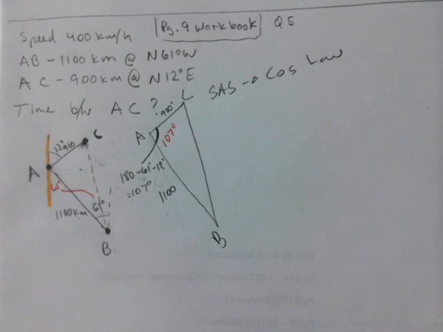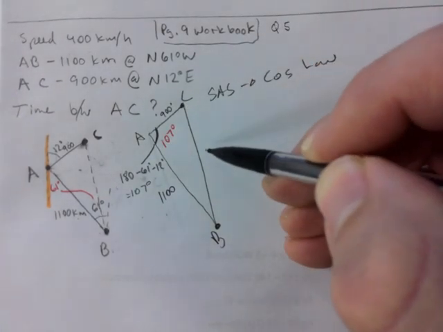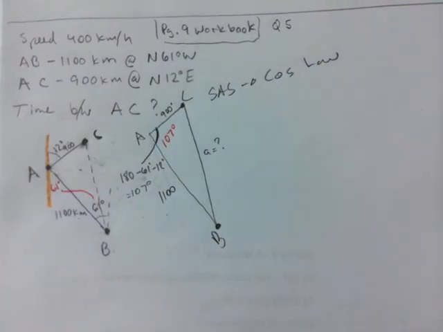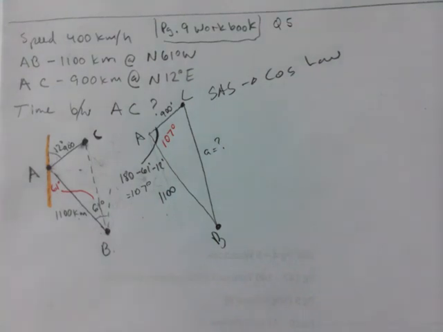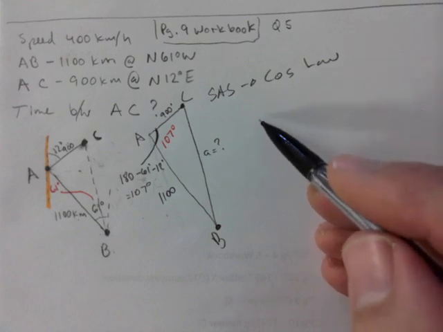Remember at the very beginning, it says we're flying from here to here, right? So finding side A is our question mark. We will figure that out and then determine how long it would take us. It says to the nearest minute. So we will do that, right?